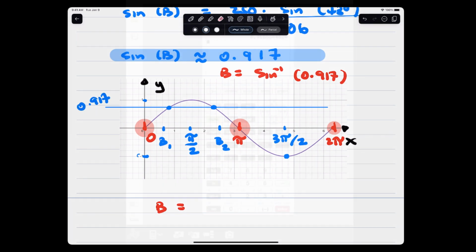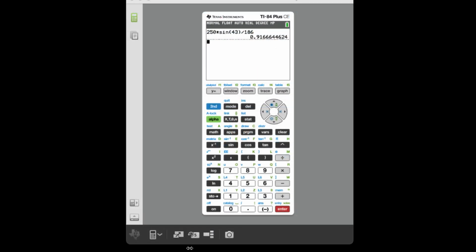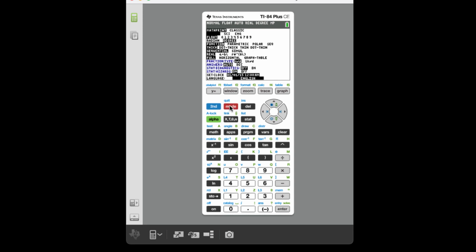So in our TI, I hope you're in degrees. You could check the mode, and sure enough, you are in degrees. So inverse sine, we go second sine, because it's in blue.